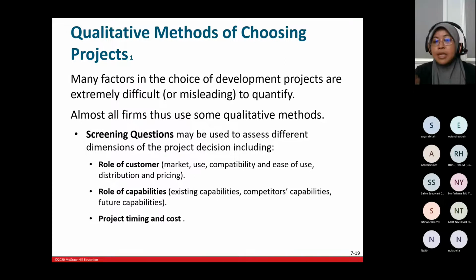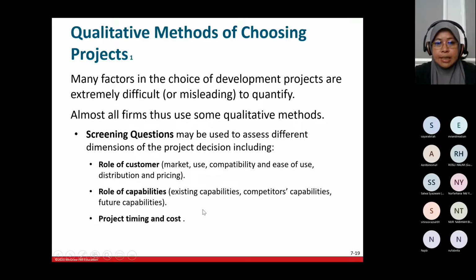So the role of the customer is one thing. It reflects market, use, compatibility, ease of use, distribution, and pricing, including the core product and also whatever product is supporting the core product.